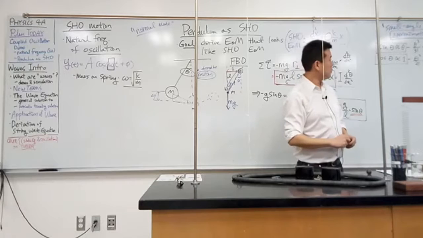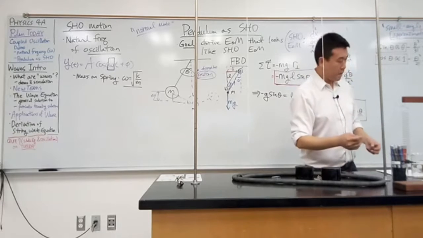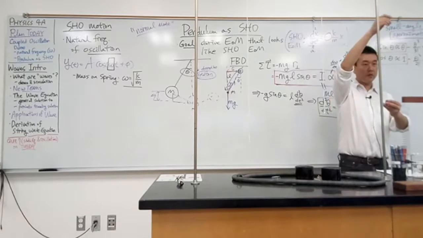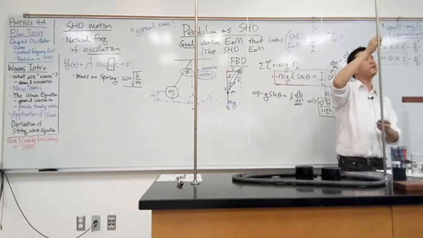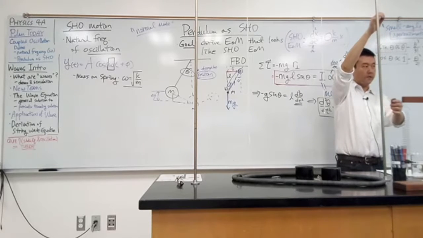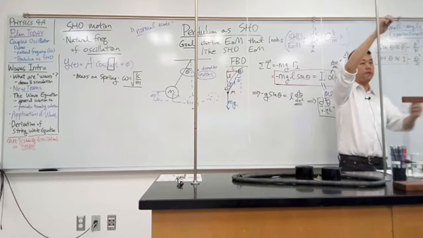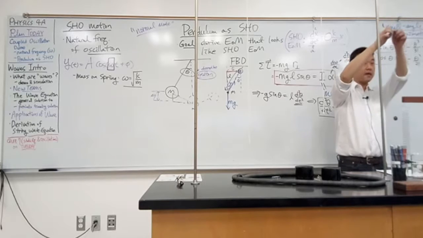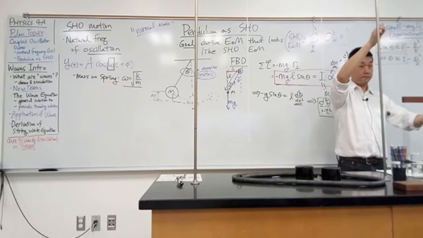So let me ask you, how large an angle do you think I'll need to go before this begins to be wrong a lot? Cosine theta of 0 degrees is 1.